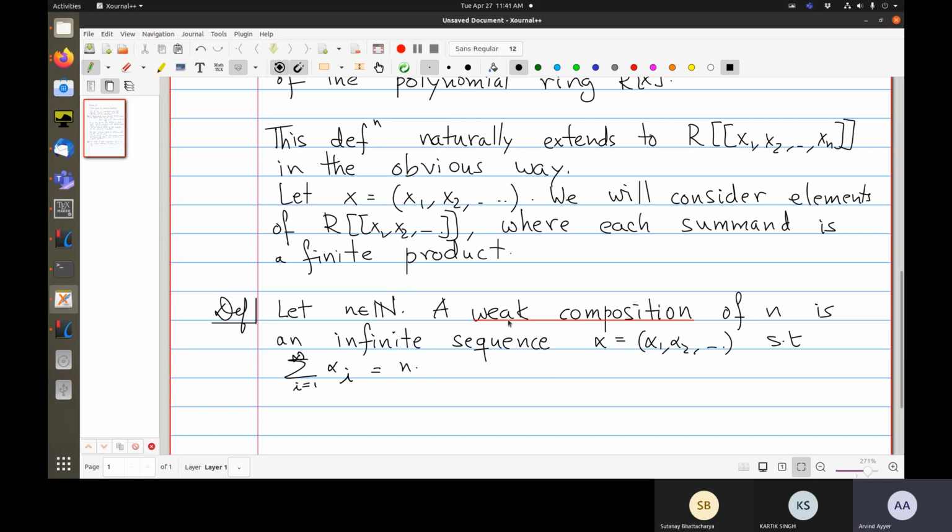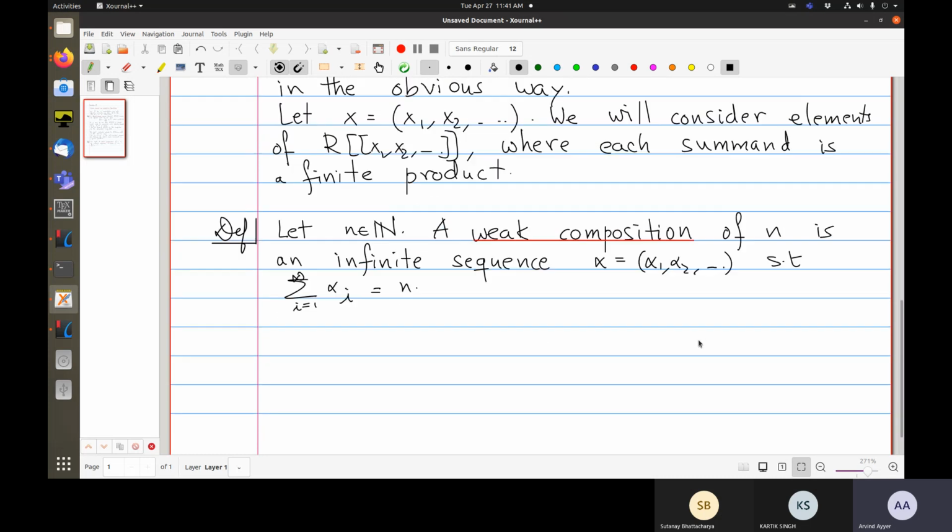Okay, so the weak in the composition just means that you allow zeros, and if you allow 1 zero, you might as well allow 10 zeros or infinitely many zeros.